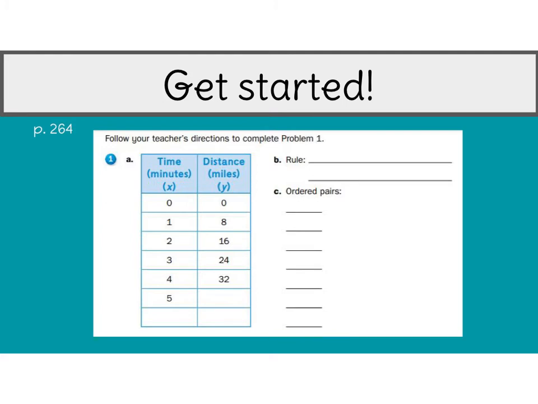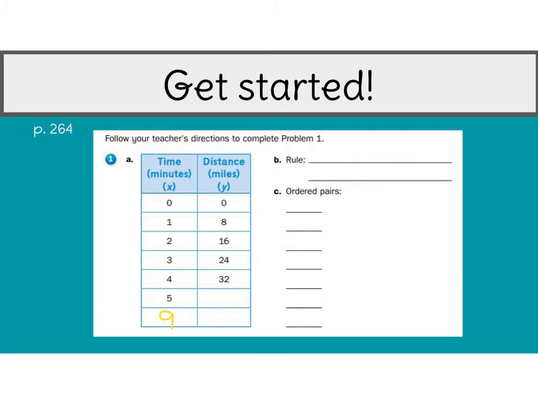So you're going to take your pencil and write the number 9 here. Can we use the +8 pattern and record 48 in the distance part of this table for 9 minutes? Think about that for a minute.